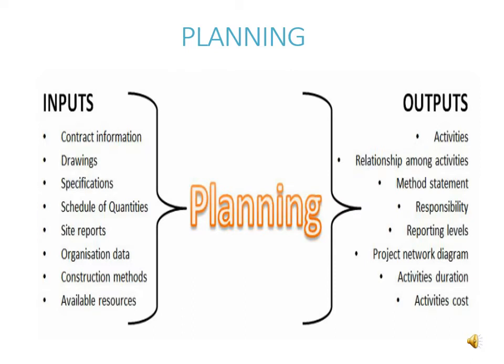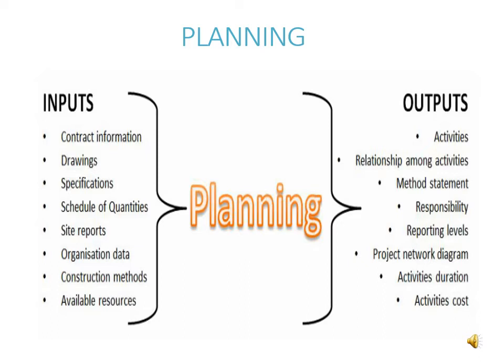Planning may be linked to the system theory, where you have some inputs. In our case, you have the contract information, whether it is drawings, specifications, schedule of quantities, site reports, organization of data, construction methods, and available resources.